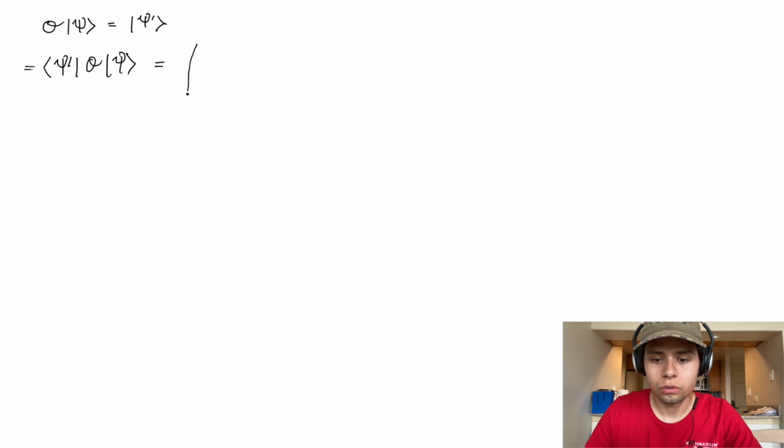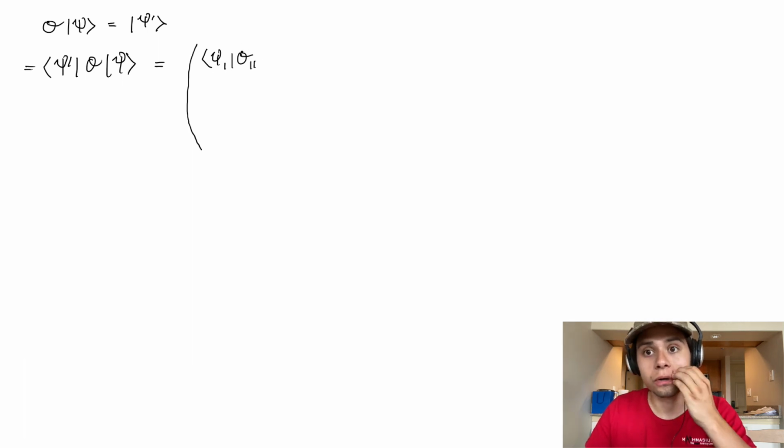So in the first element here, we have something that looks like this, perhaps. We have the first component of this state vector. All right, and it's being operated on by this component of the matrix.